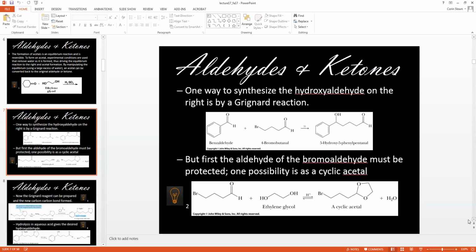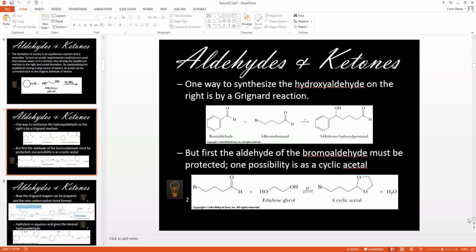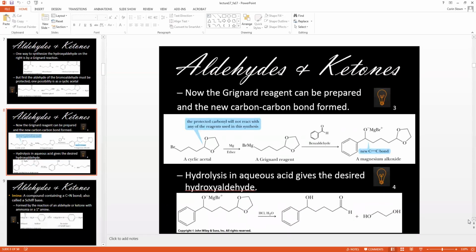So one way to synthesize the hydroxyaldehyde that's shown on the right is by using a Grignard reaction. But first we have to protect the aldehyde of the bromoaldehyde before we can generate the Grignard. So one possibility is to use a cyclic acetal. Now the Grignard reagent can be prepared and I can form a new carbon-carbon bond.